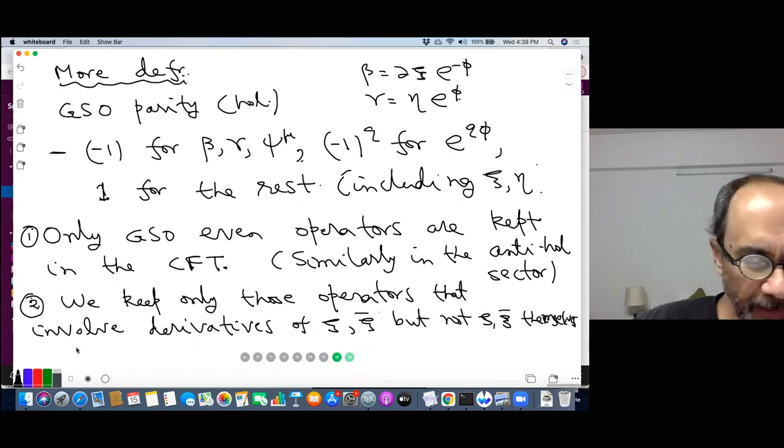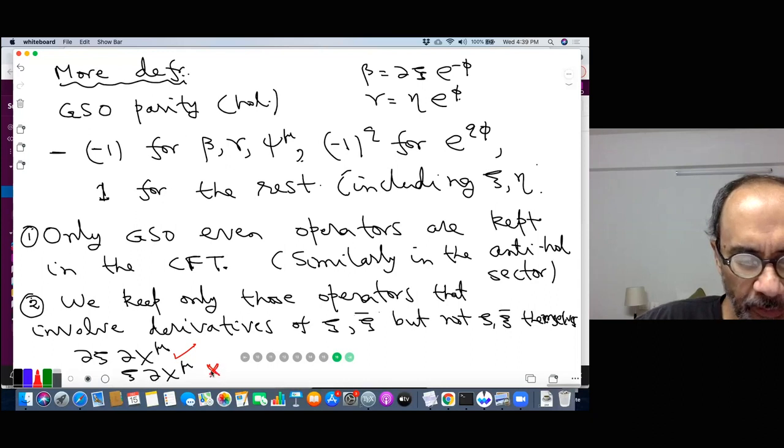Okay. Which means, for example, that if you have an operator like del xi del x mu, this is perfectly fine. But if you have xi del x mu, that's not allowed. We will not keep these operators.